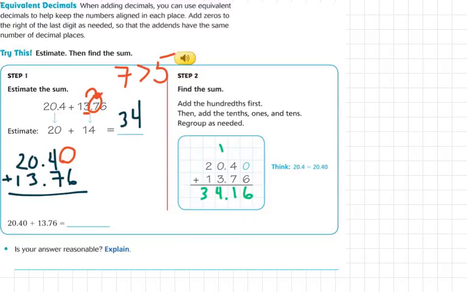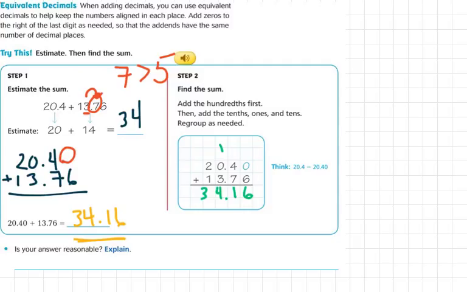So let's think to ourselves, boys and girls. 34 and 16 hundredths, is that close to our estimate of 34? Yeah, it is pretty close. So we know that our answer, 34 and 16 hundredths, is very reasonable. It says, so down here, boys and girls, is your answer reasonable?